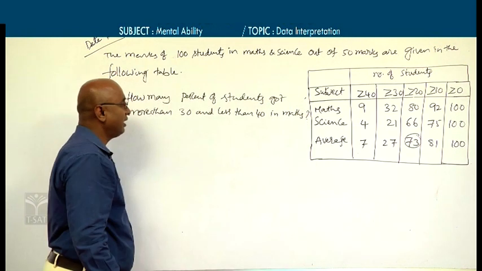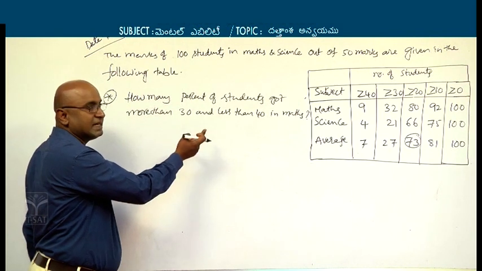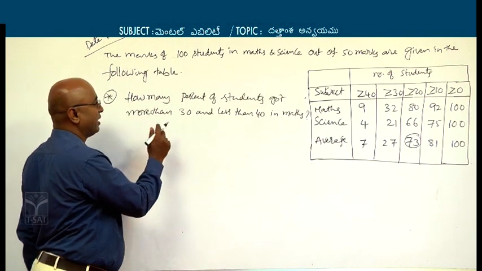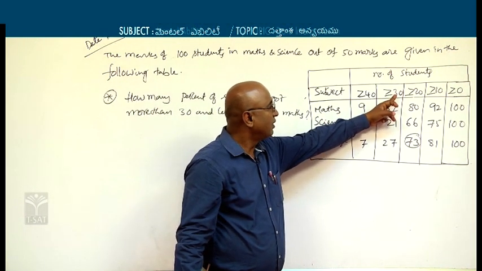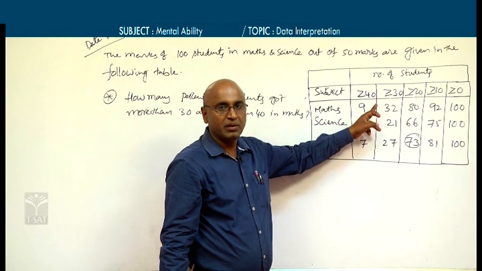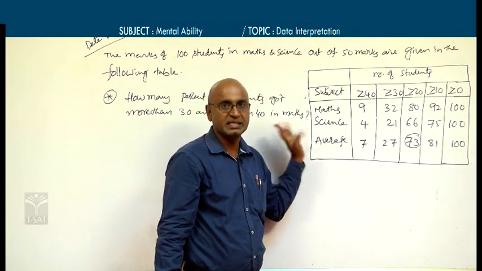Very important model. How many percent of students got more than 30 and less than 40 in maths? మనం ముందే చెప్పుకున్నాం, ఇక్కడ మోర్ దాన్ 30 అన్నప్పుడు 30 కంటే ఎక్కువ వచ్చిన వాళ్ళు ఉన్నారు. వాళ్ళు ఎవరున్నారు, 40 కంటే ఎక్కువ వచ్చిన వాళ్ళు కూడా ఉన్నారు. ద సేమ్ కాన్సెప్ట్ హ్యాస్ టు బి యూటిలైజ్డ్ హియర్.